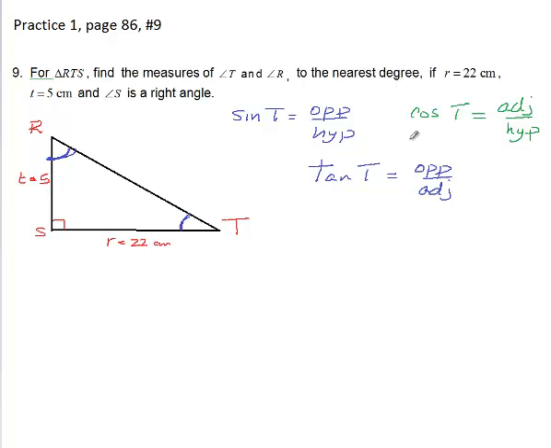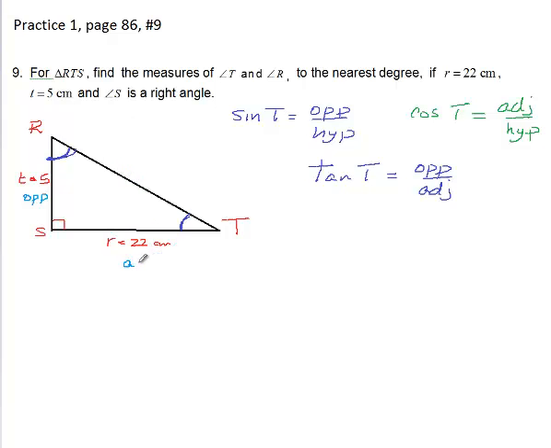Now, if we're looking for angle T, we have to use the two sides we know. If I look at angle T here, I go across T and I see a 5, so that's opposite. I'll label this as opposite. And the other known side is this side right here. Since this is the hypotenuse over here, that 22 side must be the adjacent to angle T, right?